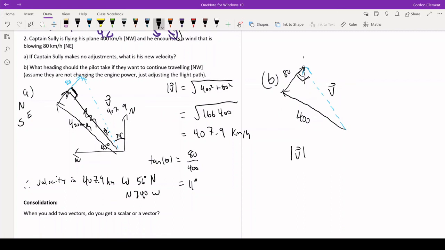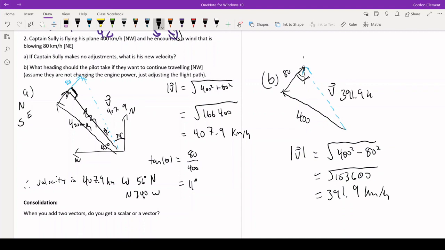If I wanted to know the size of that velocity vector, again, it's the Pythagorean theorem, but now 400 is the hypotenuse. So that's going to be the square root of 153,600. So the resulting velocity is 139.9 kilometers per hour, the speed, I should say.